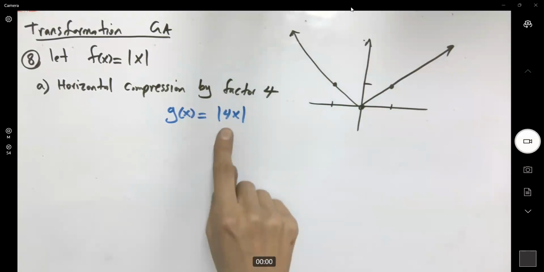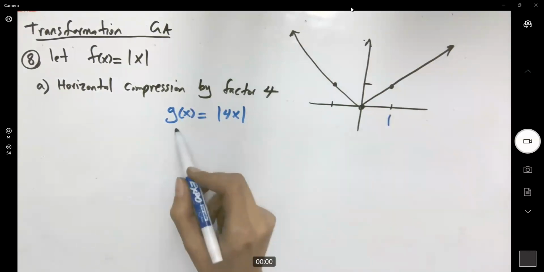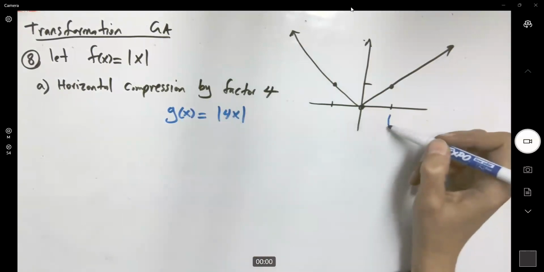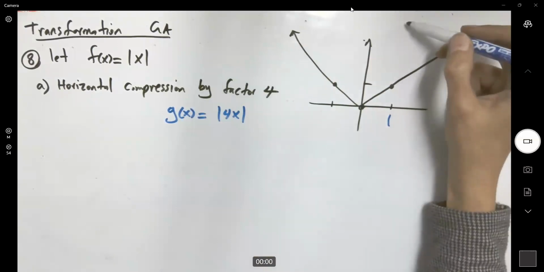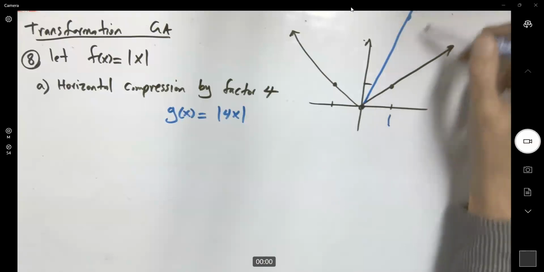Now it says multiply your x by 4. So if x is 1, my g of 1 becomes absolute value of 4. So when x is 1, my y value is 4. This is the graph of the function.